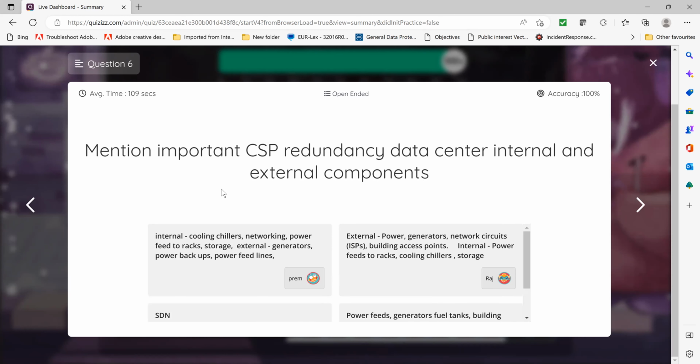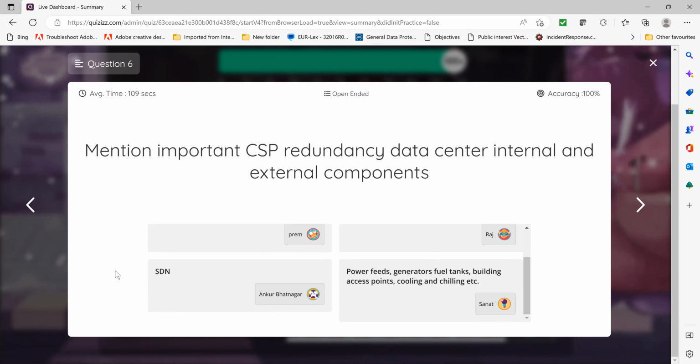Mention important CSP redundancy data center internal and external components. Okay. The answers of Raj and Prem are closest to the right ones. SDN is not for redundancy at all.